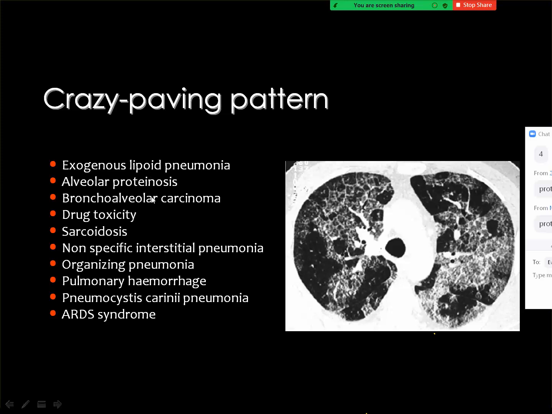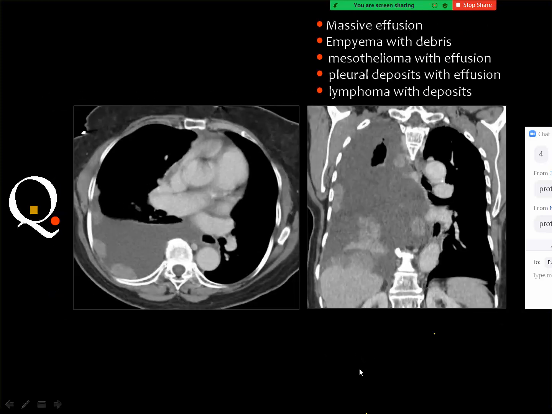It can occur in many other types of pneumonic consolidations as well as alveolar cell carcinoma, non-specific interstitial pneumonia, and so on. But if you go through the literature, you will see every case with crazy waving is related to alveolar proteinosis, meaning that this is the most common lesion to give this pattern of consolidation.